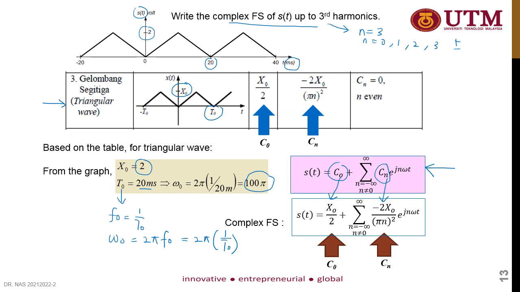Please don't forget to look at the remark. Cn will always be 0 when n is an even number. The question asks you to get up to n equal to 3, but Cn will be 0 when n is even, so you just need to consider the odd numbers. You don't need to consider n positive and negative too.